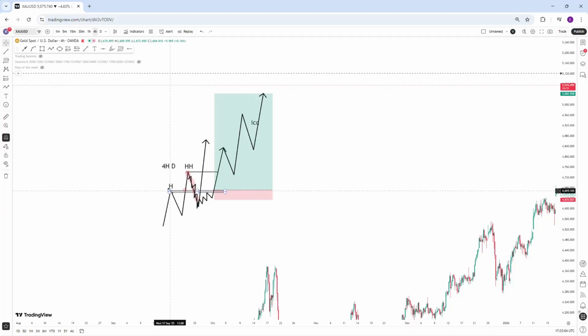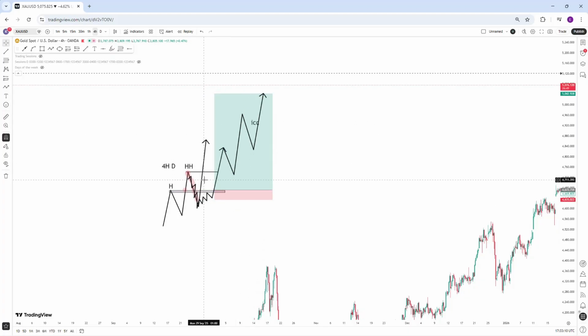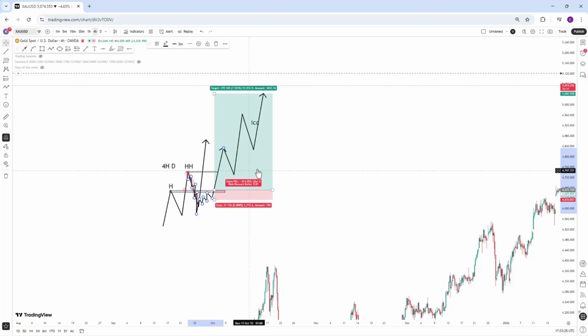So basically you have to make sure you position yourself where it's safe, you don't have much drawdown and you have maximum risk to reward ratio on your trade, on your position.